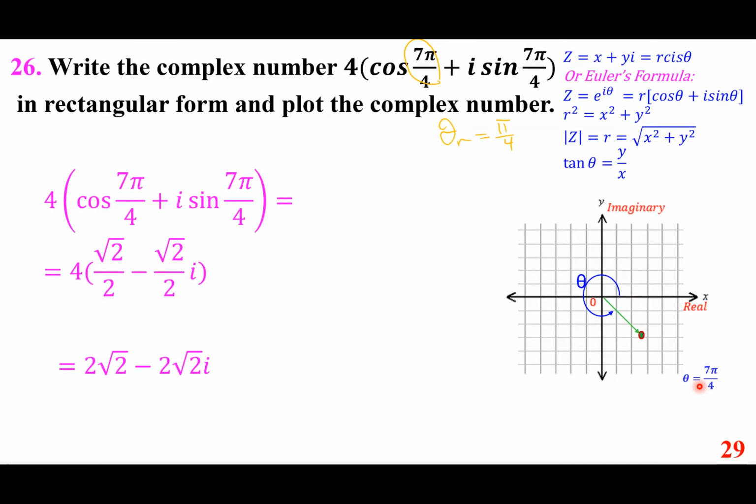And again, it may not be exact, but it's close enough, because square root of 2 is about 1.41, and 2 times that is about 2.8, so it's a little bit less than 3.